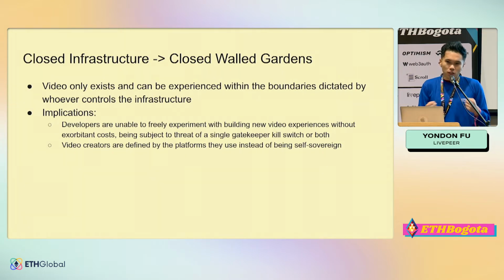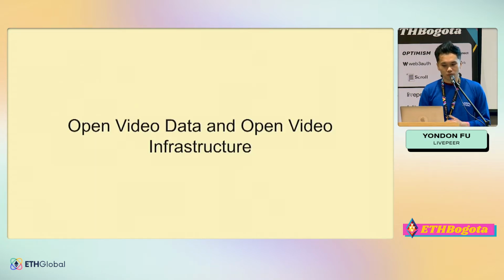But that's really not possible today, right? Because you can only be a streamer if a platform like Twitch allows you to be a streamer. You can only be a streamer on YouTube if YouTube allows you to be a streamer. So the situation that we're currently in is, because infrastructure is not particularly accessible, you have to play on the terms and the playing field dictated by whoever controls said infrastructure.